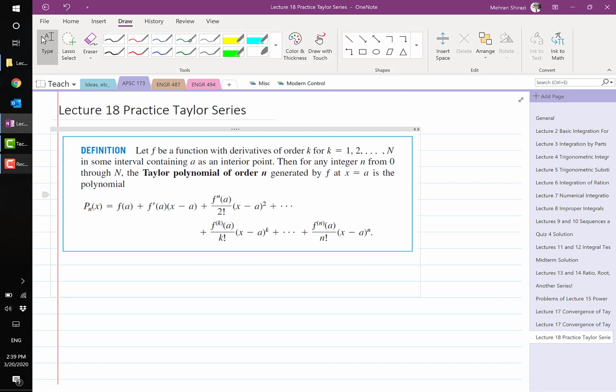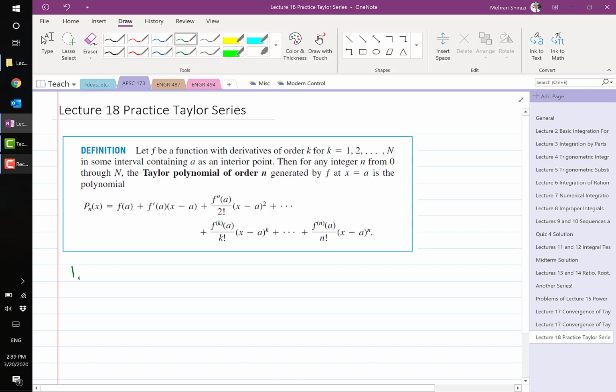Let's start with question 1. In this question we are going to find the Taylor polynomials for these f's at the given a's. Question 1, f is e to the power of 2x. If you remember, we found the Taylor series of e to the power of x. We can use that, replace x with 2x, or we can start from scratch.